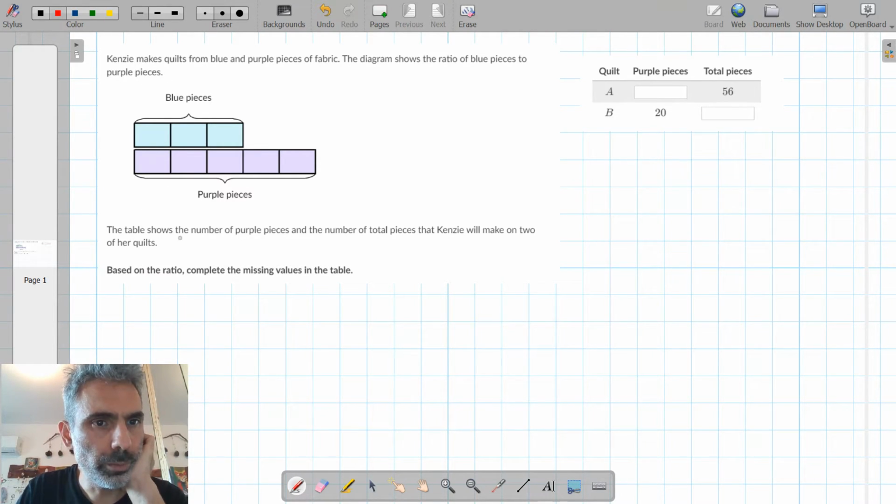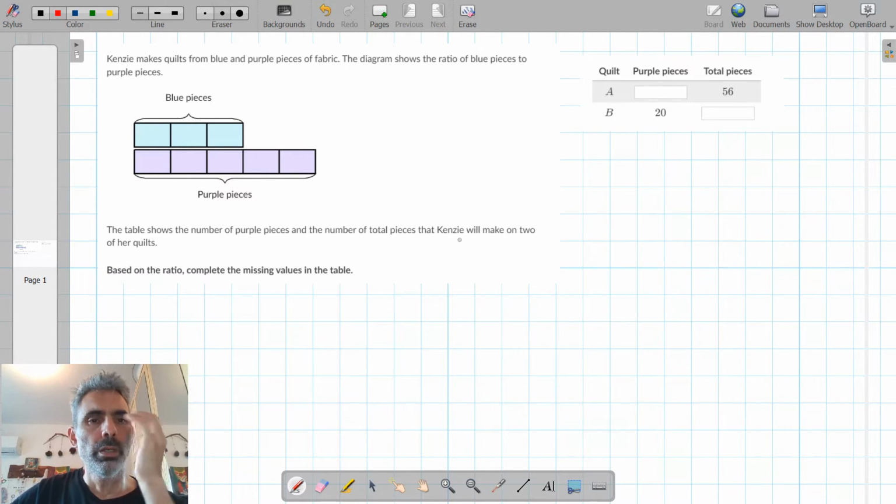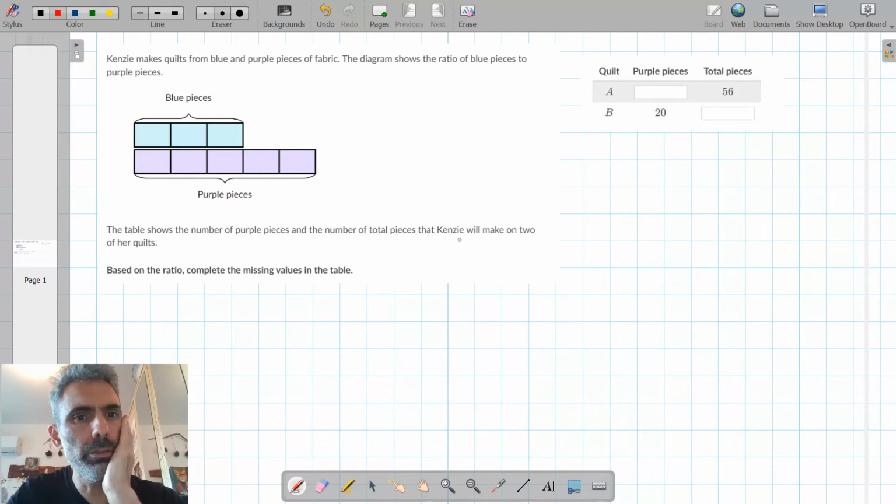The table shows the number of purple pieces and the number of total pieces that Kenzie will make on 2 of her quilts. Based on the ratio, complete the missing values in the table.